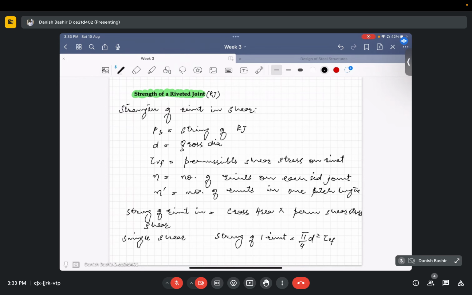So what will be the total strength of the joint? The strength of the riveted joint will be the total number of rivets multiplied by the strength of one rivet, n pi by 4 d square tau vf.